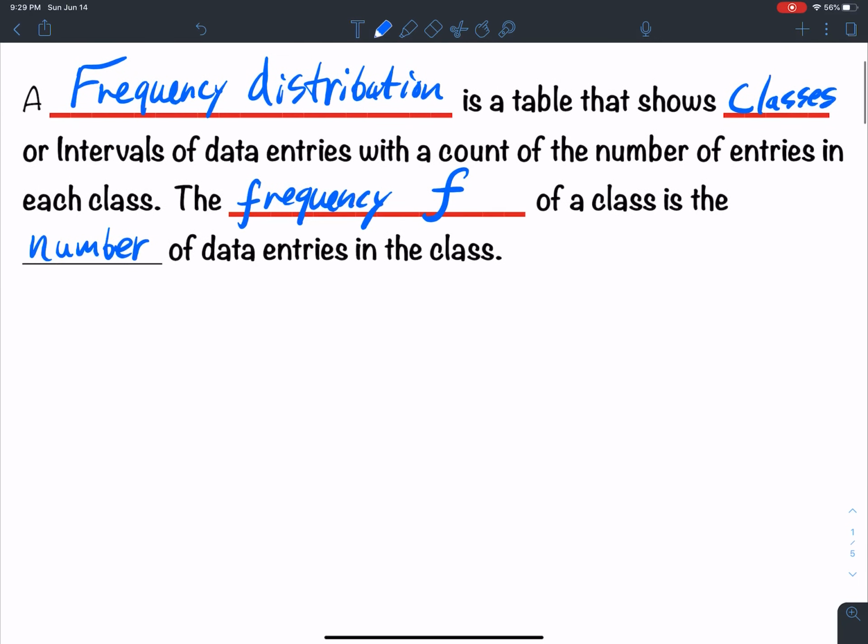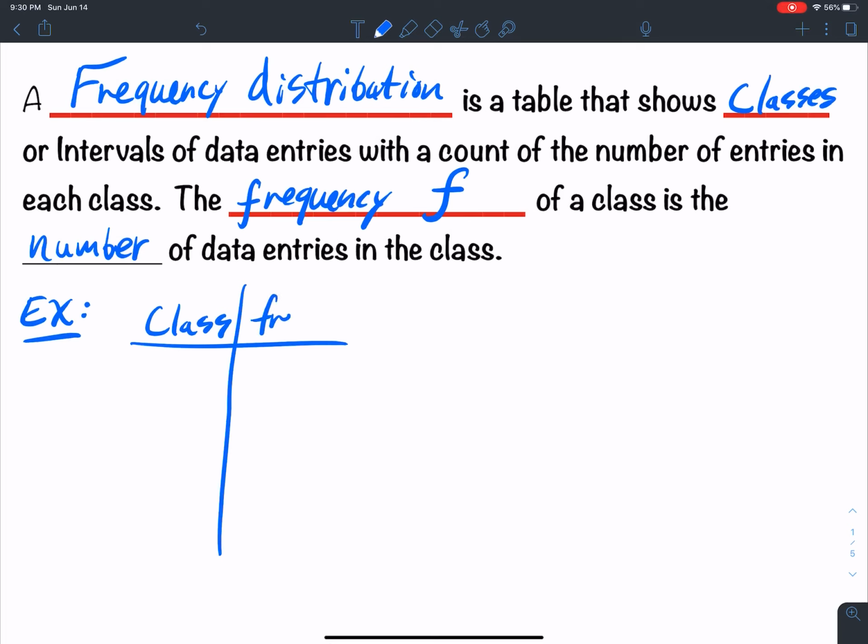So let's go through an example here. So say we have a class on the left and the frequency is represented by the letter F on the right. So the class goes from 1 to 5, and then we'll say that there's 5 of those.